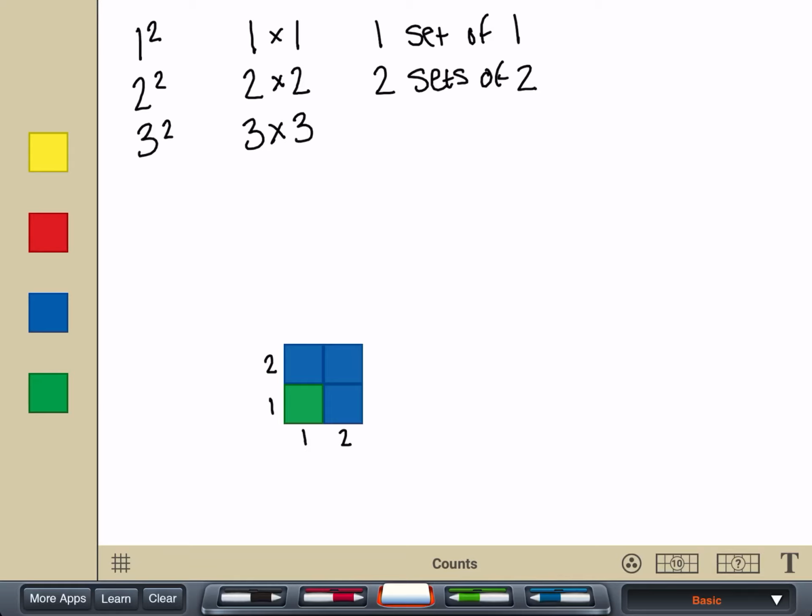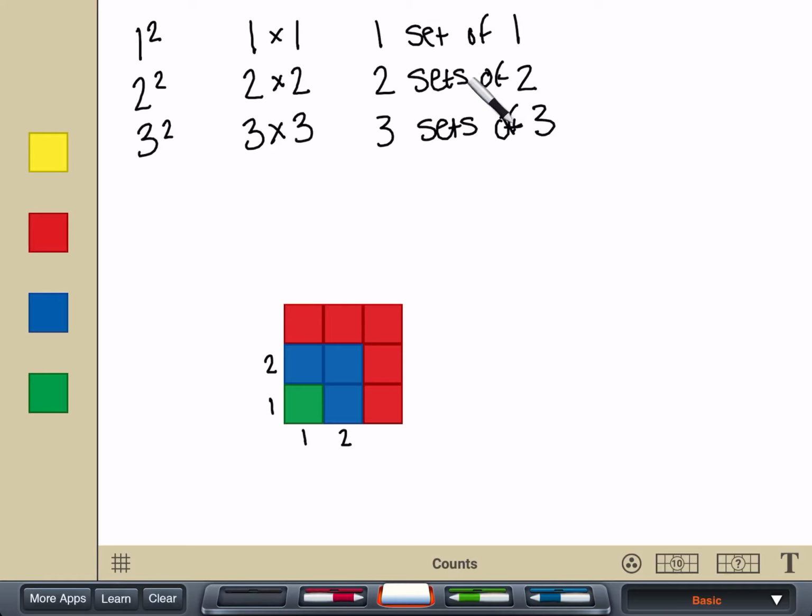3 squared, 3 times 3. 3 sets of 3. 1, 2, 3. 1, 2, 3. 1, 2, 3, and 1, 2, 3.